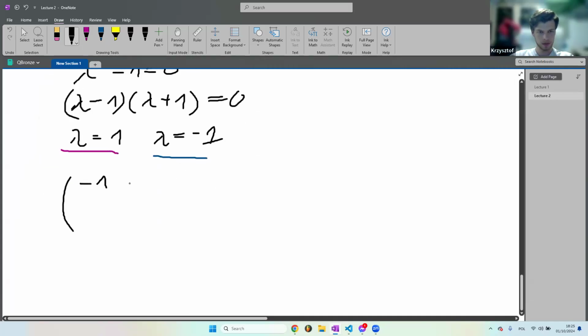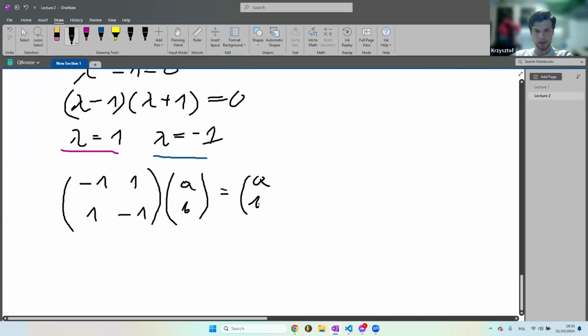So minus 1, 1, 1, minus 1, and we need to find some A and B that satisfy the condition that this is also equal to A and B. By multiplying, we have two equations: minus A plus B equals A, and also A minus B equals B.